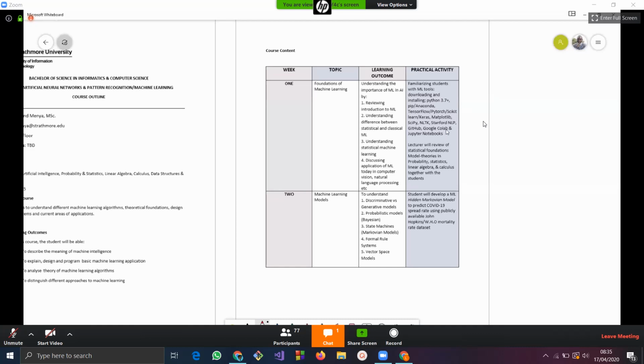We'll be using a lot of libraries like NLTK for NLP, and Stanford NLP. Those are going to be two. For the other mathematical computations, we use everything in SciPy. Then for deep learning, we'll use TensorFlow, PyTorch, Scikit-learn, Keras, etc.